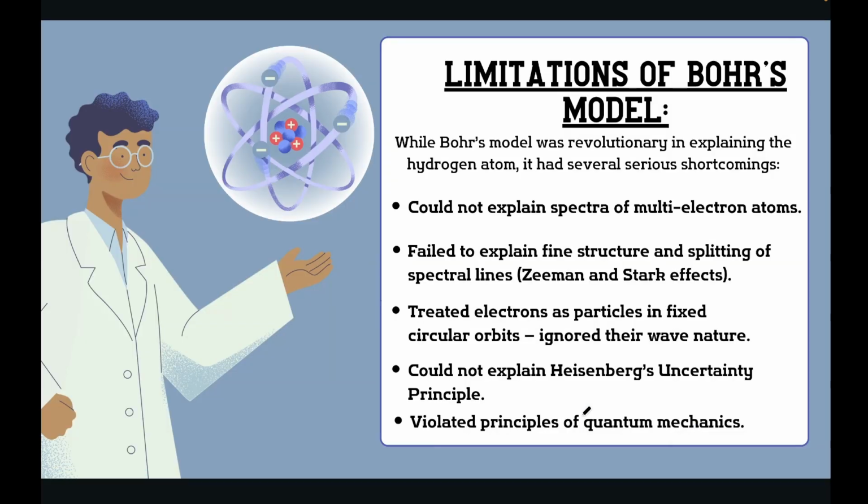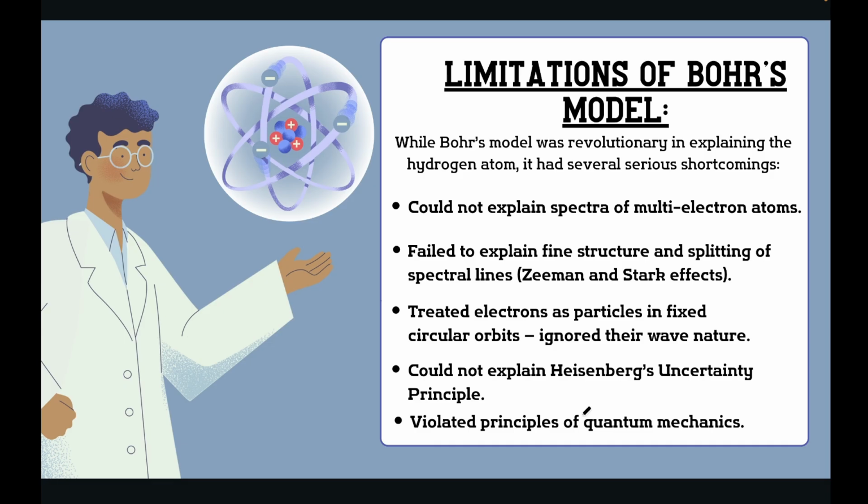In the previous video, we learned that in Bohr's model, electrons revolve in fixed circular paths called orbits or energy levels around the nucleus. Each orbit has fixed energy, so electrons in these orbits do not lose energy while revolving. But an electron can jump between energy levels.